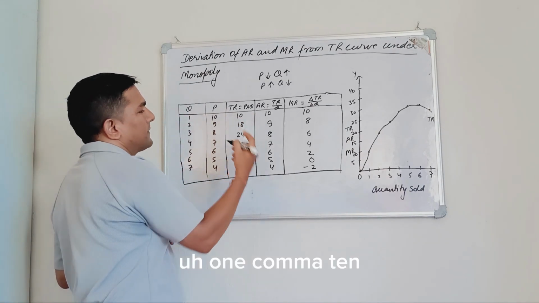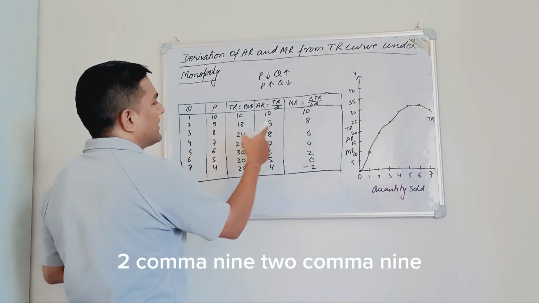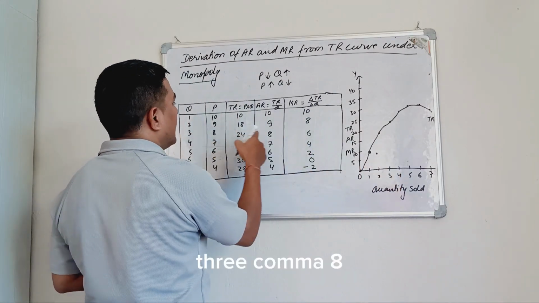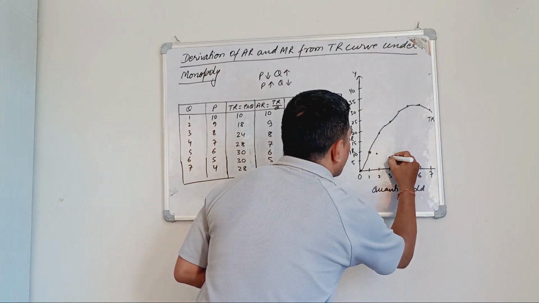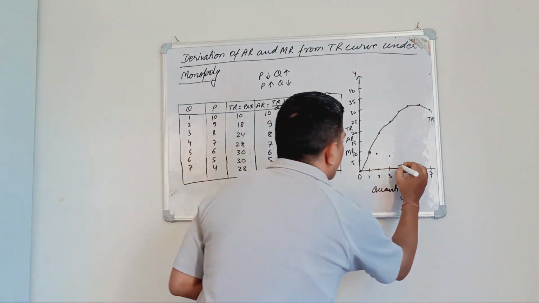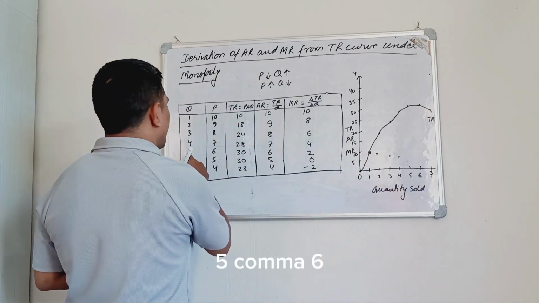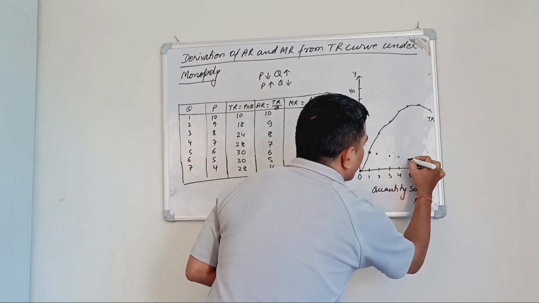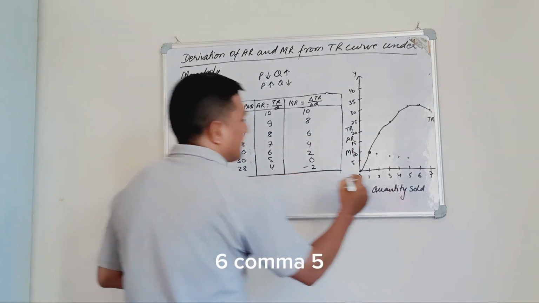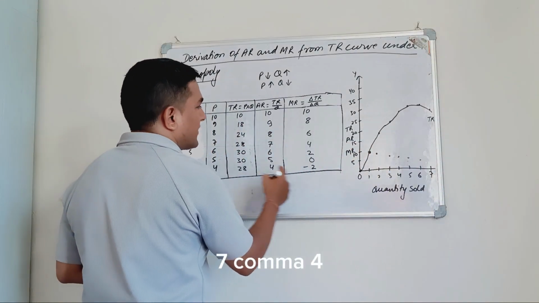Now similarly, we can obtain the average revenue: 1, 10, 2, 9, 3, 8, 4, 7, 5, 6, 6, 5, 7, 4.